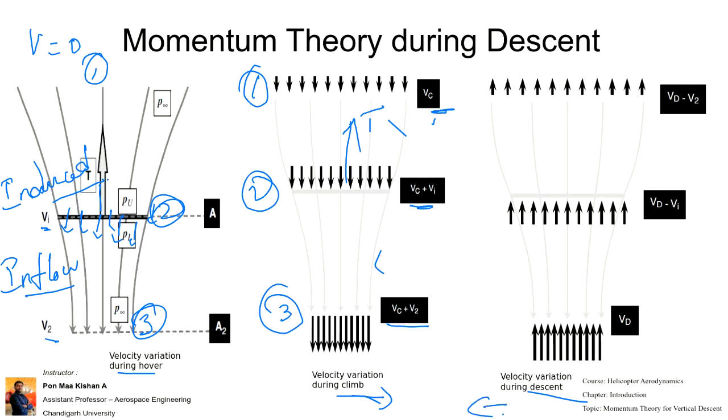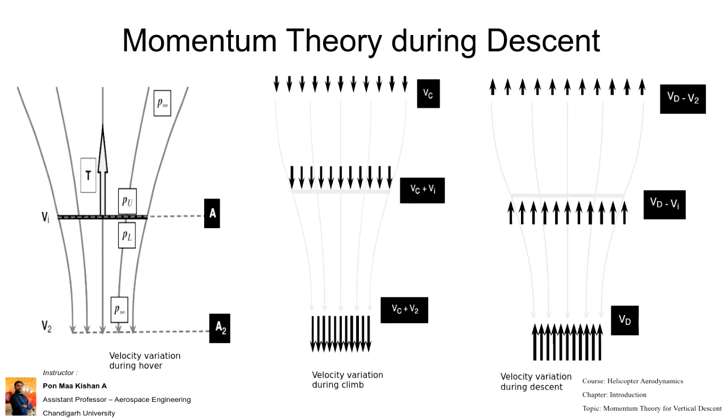If the flow is from up to down, the helicopter will move up by producing a positive thrust. But in the descent phase, the helicopter is going to come down.